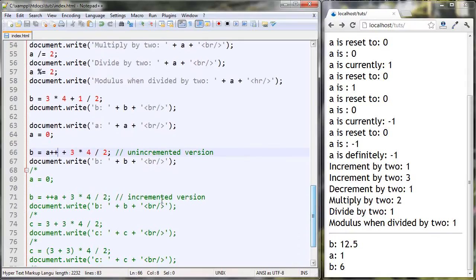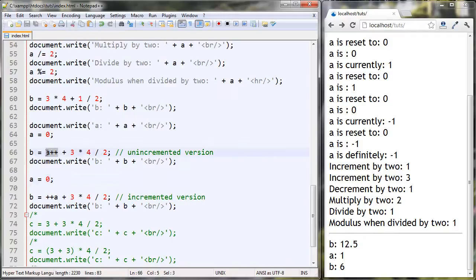Now let's make a little change to it. We're resetting a to 0 here. b is set to plus plus a plus 3 times 4 divided by 2. So this is the same as above, but the difference is a plus plus and plus plus a. So what this should do is it will increment a to 1, but itself will evaluate to 1.